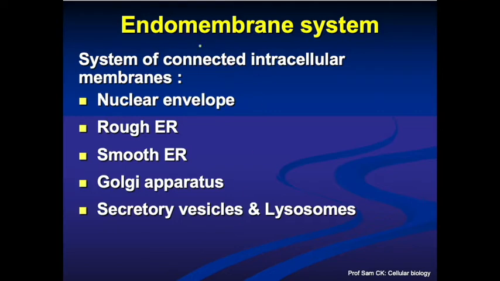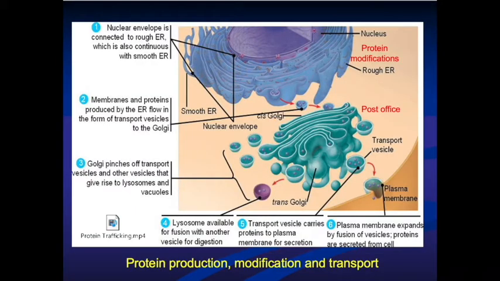Although the name here is membrane, this endomembrane system is different from the plasma membrane that you have learned before. This figure describes the endomembrane system, which is important for protein production, modification, and also transport.